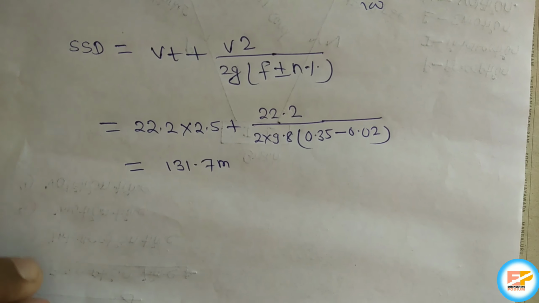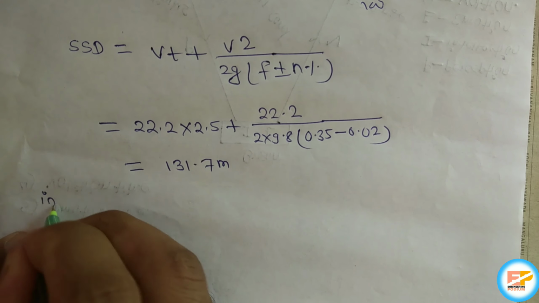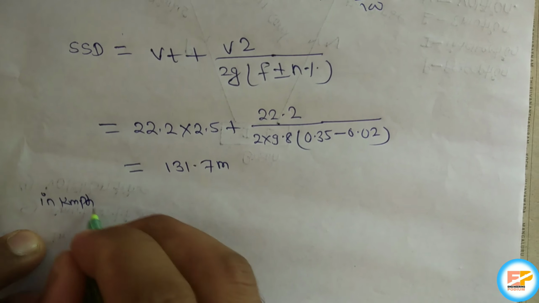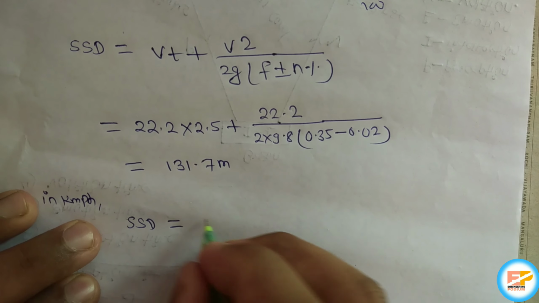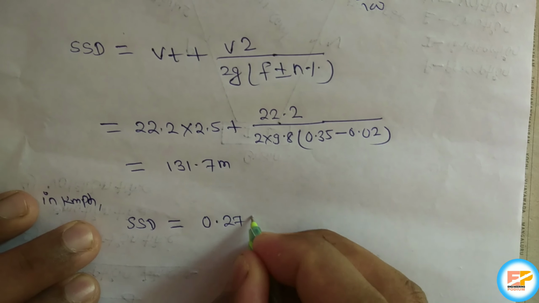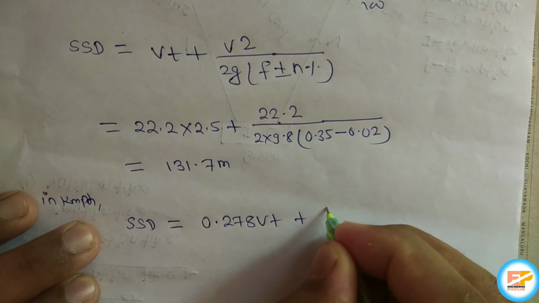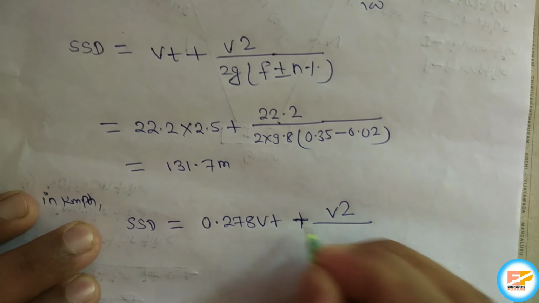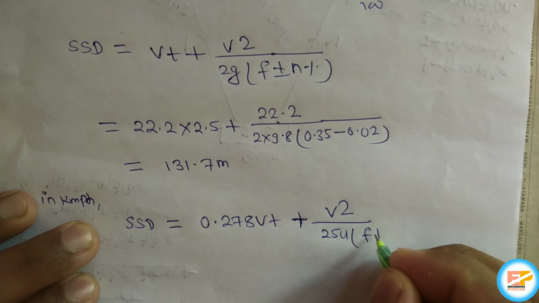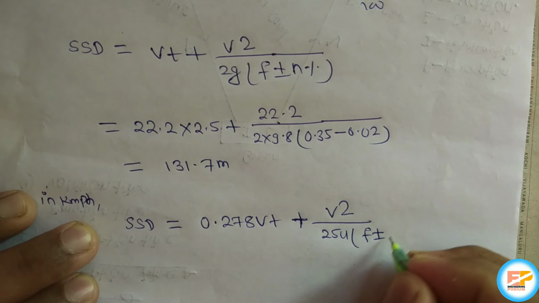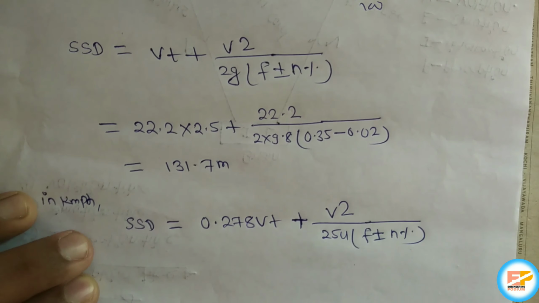If you want to calculate in kilometer per hour, you can calculate SSD, stopping sight distance, with the formula 0.278 Vt plus V square by 254 F plus minus n%, same.